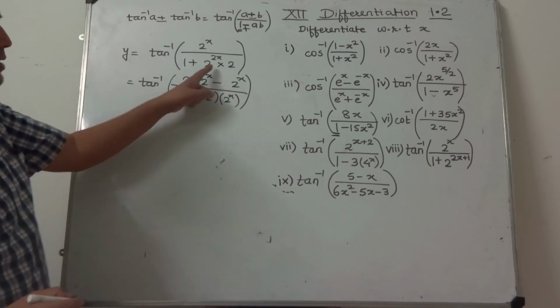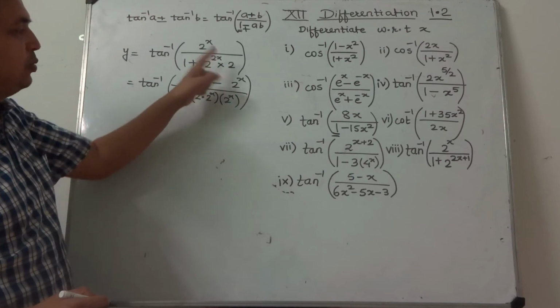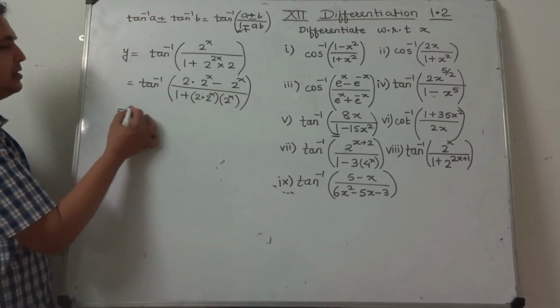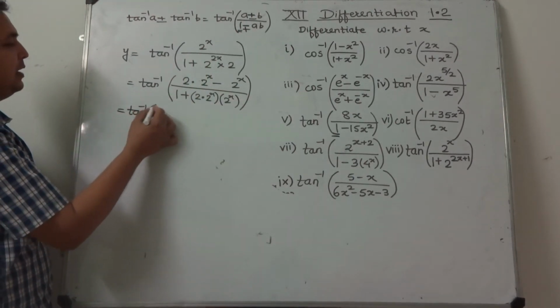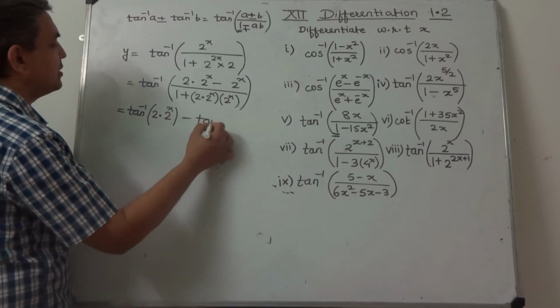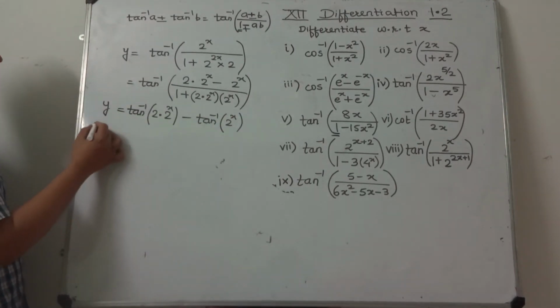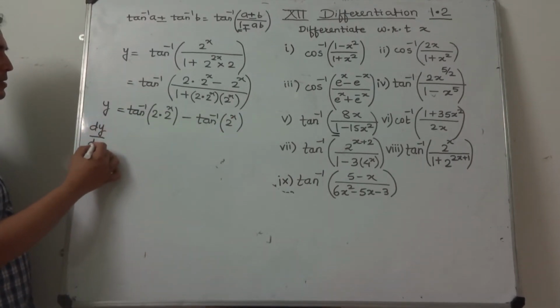Check whether we get this denominator. 2 into 2 raised to x square is 2 raised to 2x, and that is equal to tan inverse of 2 times 2 raised to x minus tan inverse of 2 raised to x. This is y, and now derivative dy by dx.